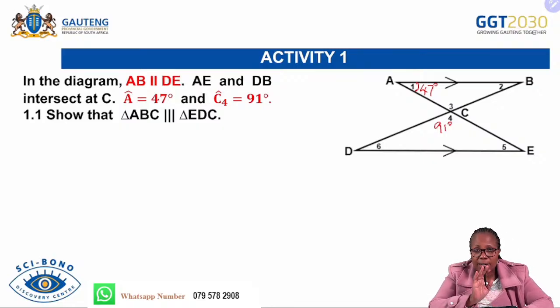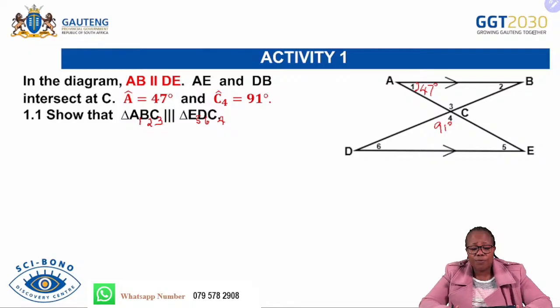Remember, you need to identify the angles now. If they talk A, they are talking about A1. If they talk B, that is B2. If they talk C, that is C3 in triangle ABC. In triangle EDC, if they say E, they talk E5. If they say D, they talk D6. And then C, that is C4.